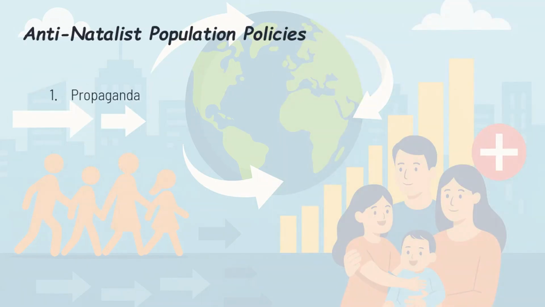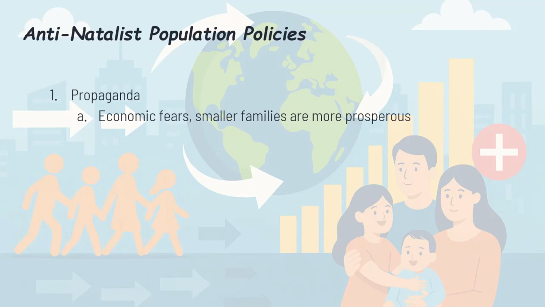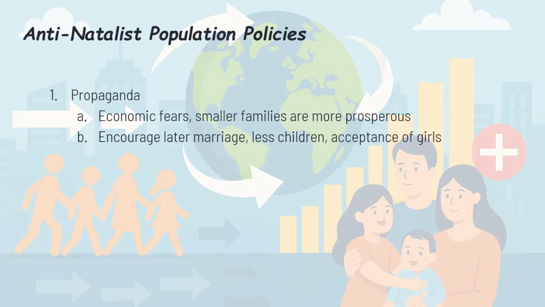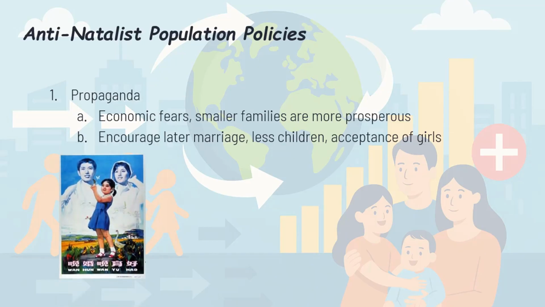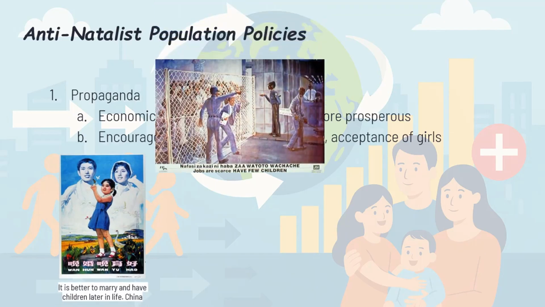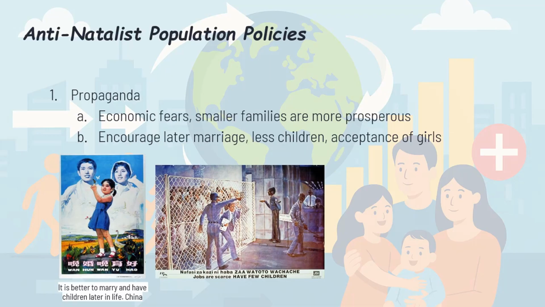Anti-natalist policies also use propaganda, but this time, the message flips from make more babies to think before you make babies. Governments start dropping posters, ads, and radio messages that make smaller families look like the smarter move. You'll see slogans that play into economic fears, like big families, big problems, or small families, happy lives.